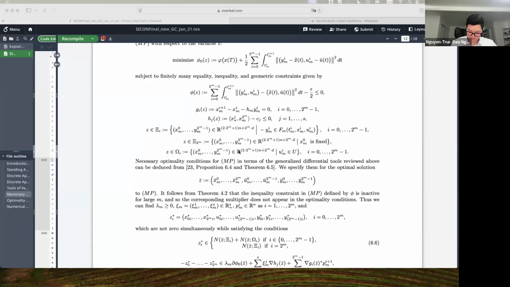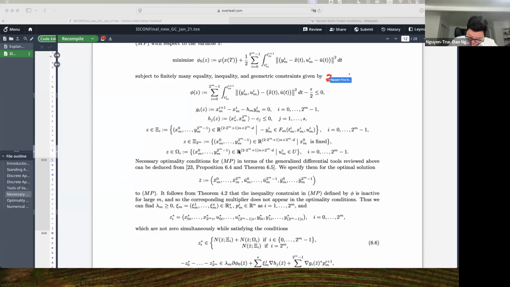Let me stop sharing and share it again just to see if it works. Oh, now it works. Oh wow. So I have to stop sharing and share it again. Now it works.